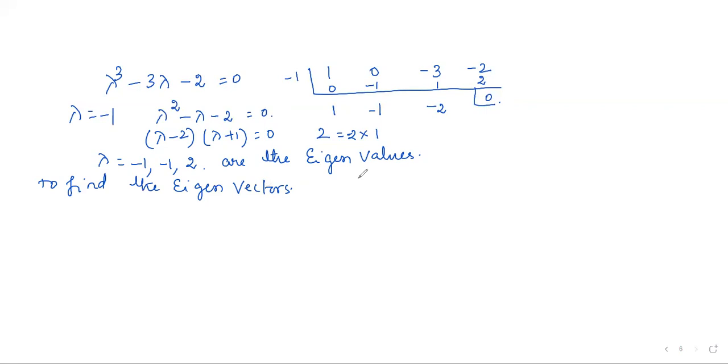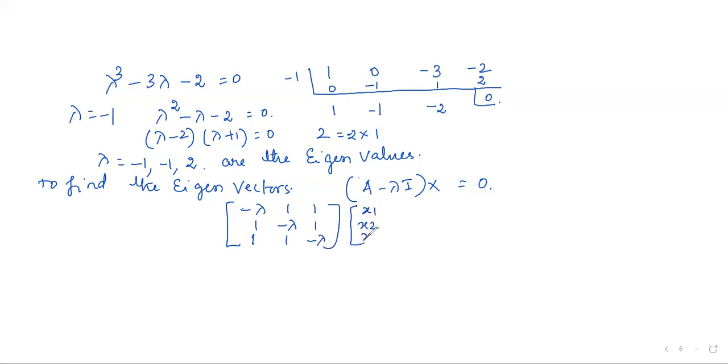To find the eigenvectors, we know we have to solve A minus lambda I on x is equal to 0. So when I find A minus lambda I, I'll be getting minus lambda 1, 1, then 1 minus lambda 1, again 1, 1 minus lambda, on x1, x2, x3, and this is equal to 0, 0, 0. So keep this as equation A.